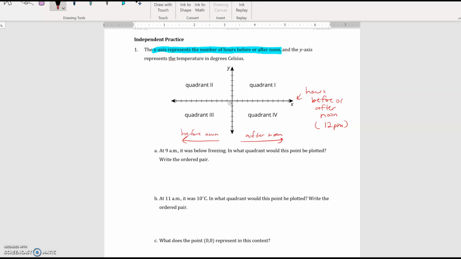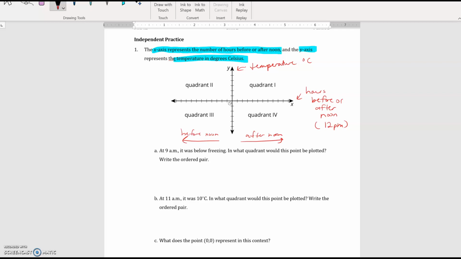And then it says that the y-axis is temperature in degrees Celsius. So I'm going to write that annotation here. Y-axis is temperature in degrees Celsius. So right now it's asking for the following.